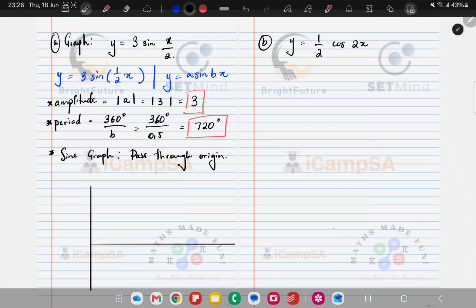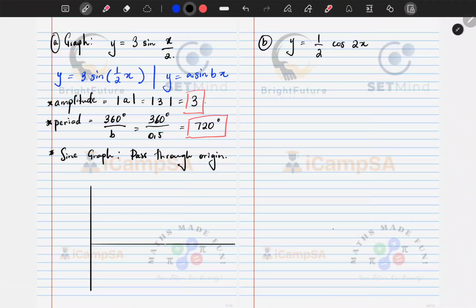So if this is 360 degrees, this will be 720 degrees. So that's what it means: it will take 720 degrees to complete one cycle.